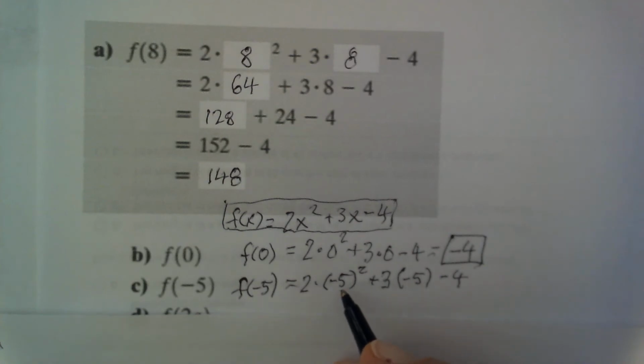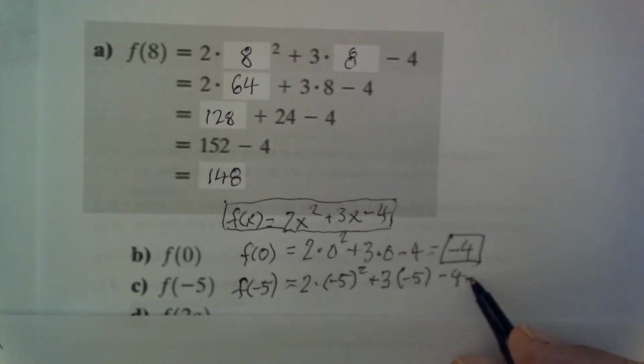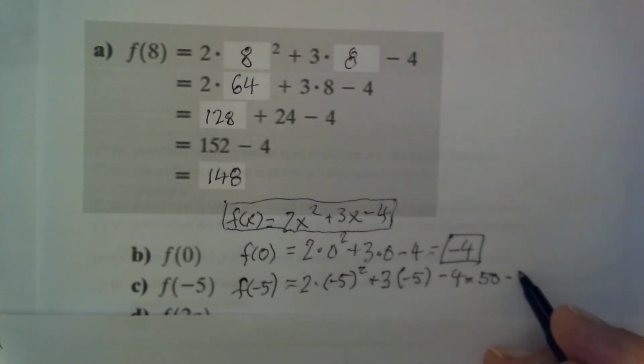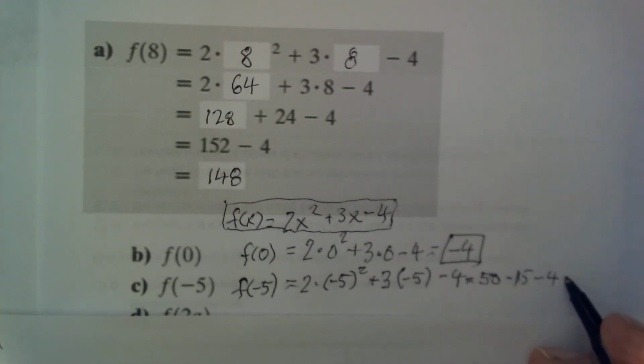So minus 5 squared is plus 25, and 2 times 25 is 50. And 3 times minus 5 is minus 15 minus 4. So that would be 50 minus 19, and it would be 31.